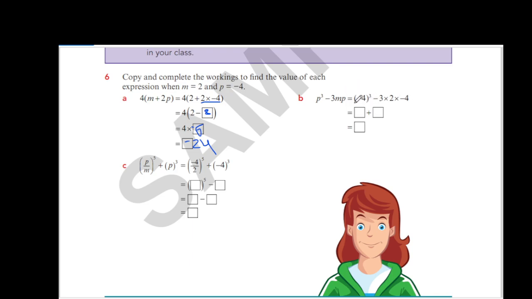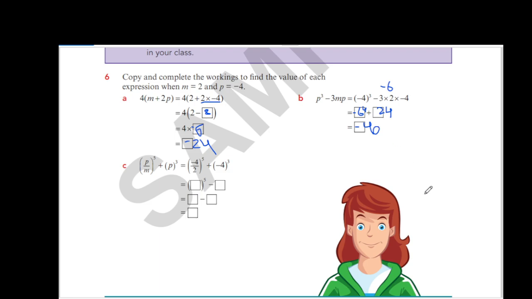The cube of -4 will be -64, and by multiplying -3 with 2 it will be -6, and -6 multiplied by -4 will be +24. So by adding -64 and 24, we have different signs. We will subtract them, and take the sign of the bigger value, which is minus. So our answer will be -40.